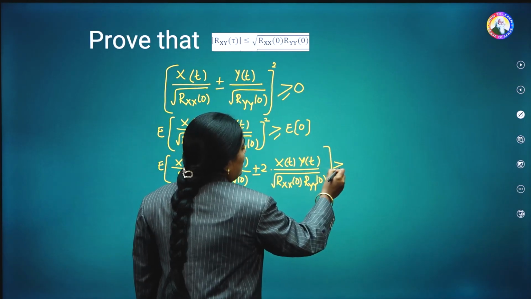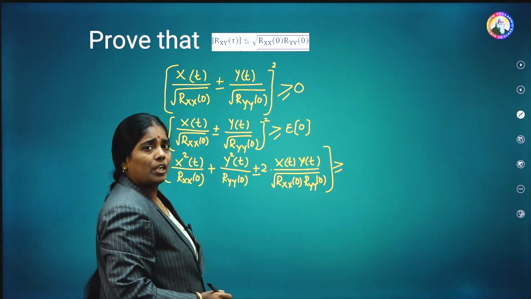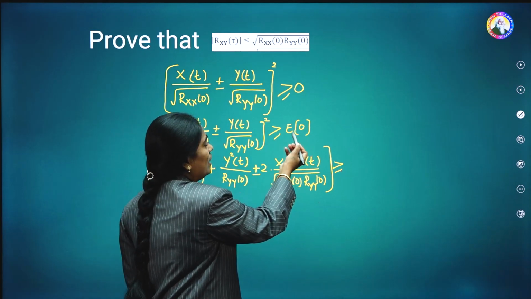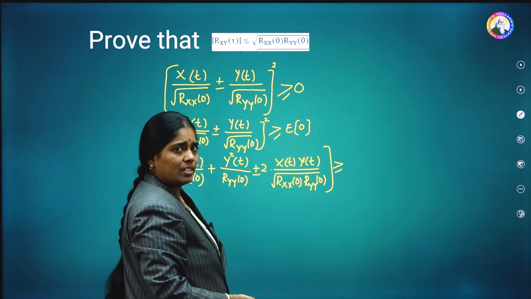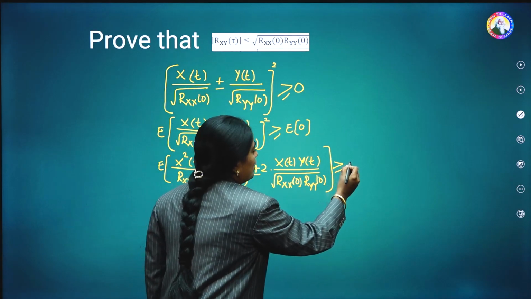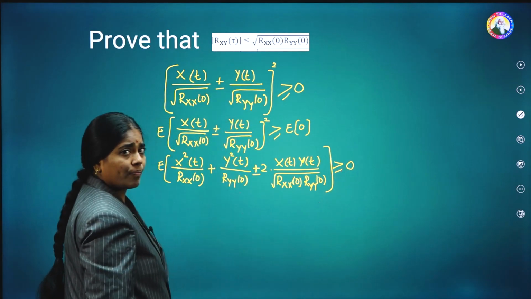This is greater than or equal to E of 0. 0 is a constant, and the expected value of a constant is the constant itself, that's why its value is equal to 0.